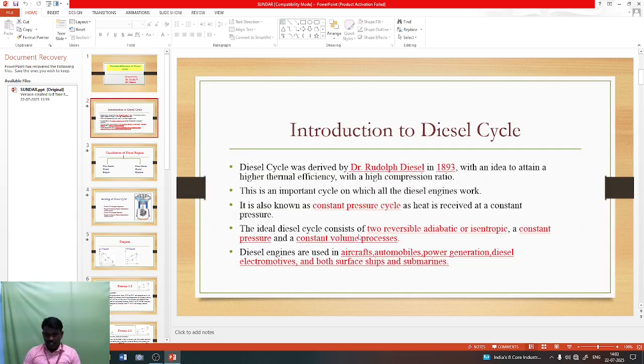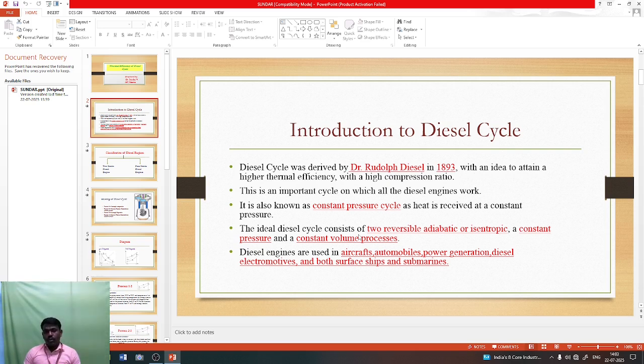Why is it called a diesel cycle? The diesel cycle was derived by Dr. Rudolf Diesel in 1893 from his idea to attain high thermal efficiency with a high compression ratio. The Otto cycle has a low compression ratio compared to the diesel cycle.